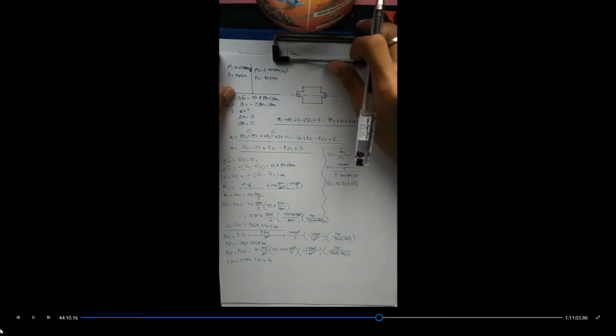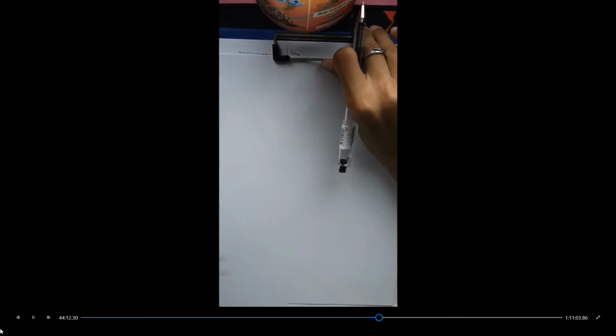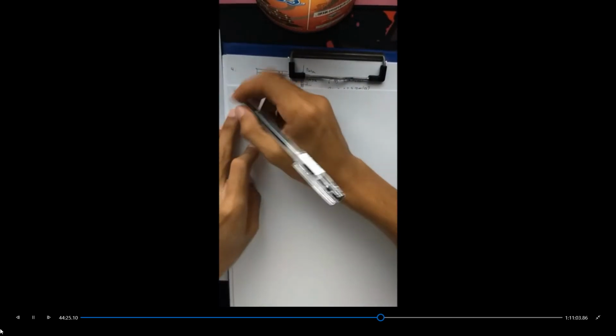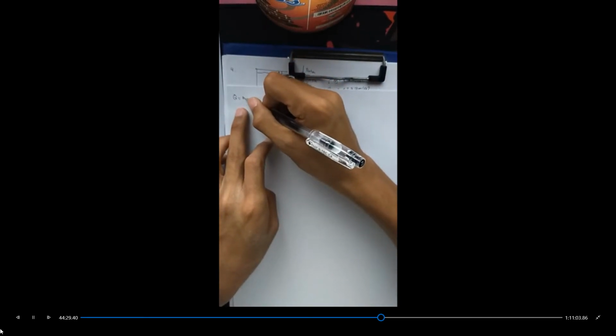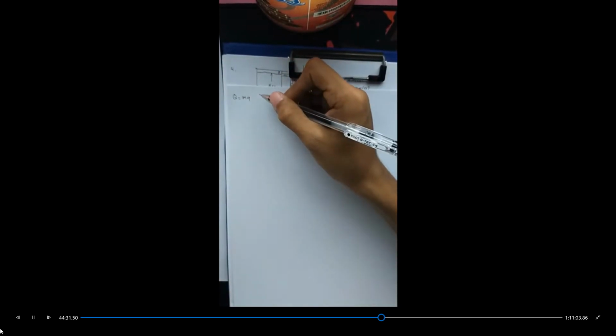We already have our flow work 1, flow work 2, and internal energy 1 and 2. Now let me do this on another paper. Our heat is equivalent to mass times the specific heat added.